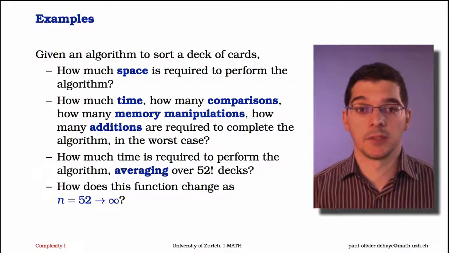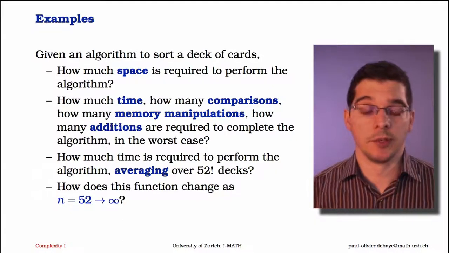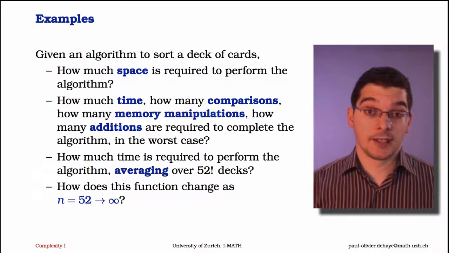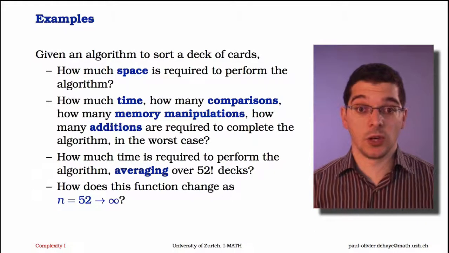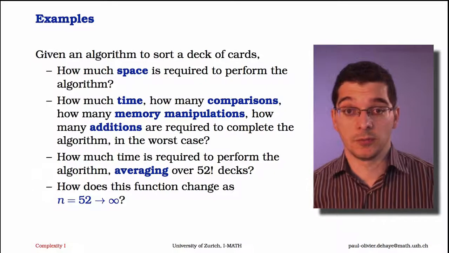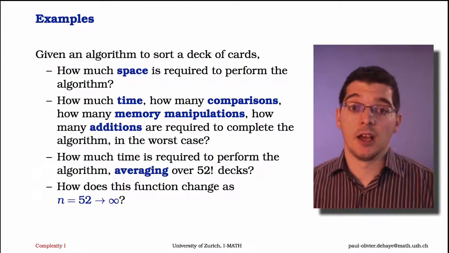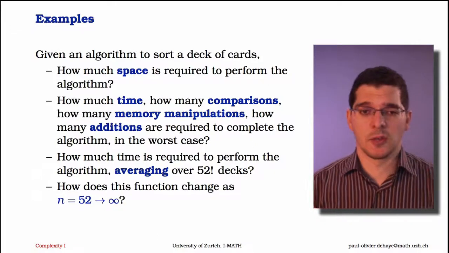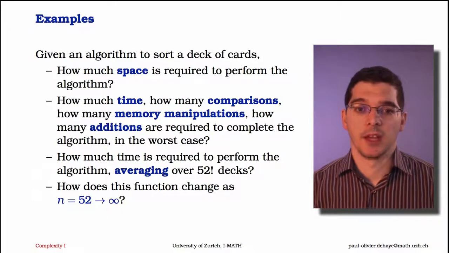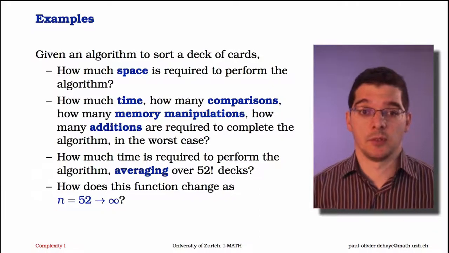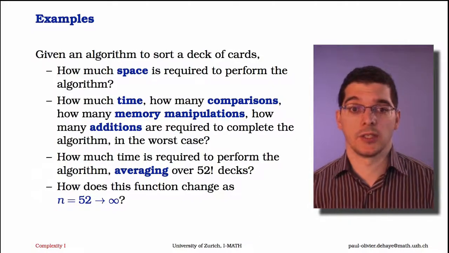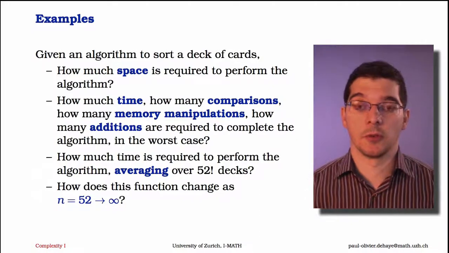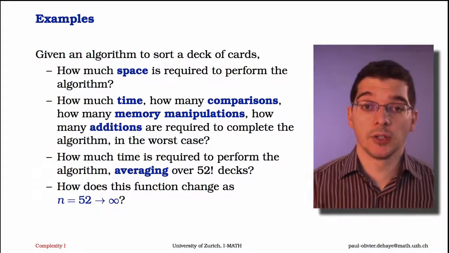So space becomes more important. You can also ask how much time it will take to sort, how many comparisons between cards you need to do, how many memory manipulations, so how many moves of cards you need to do. And maybe not relevant for sorting a deck of cards, but how many additions are required to complete the algorithm, how many multiplications.